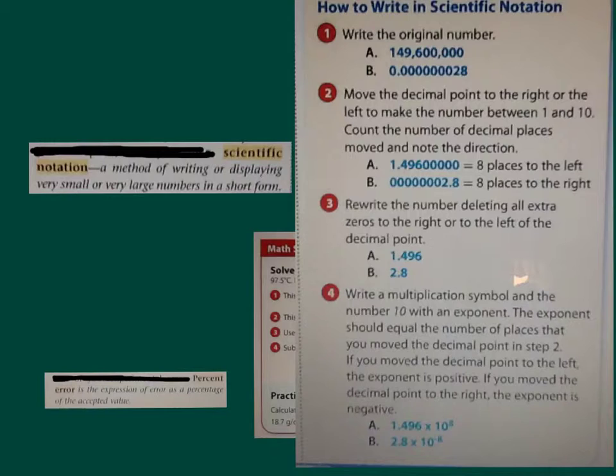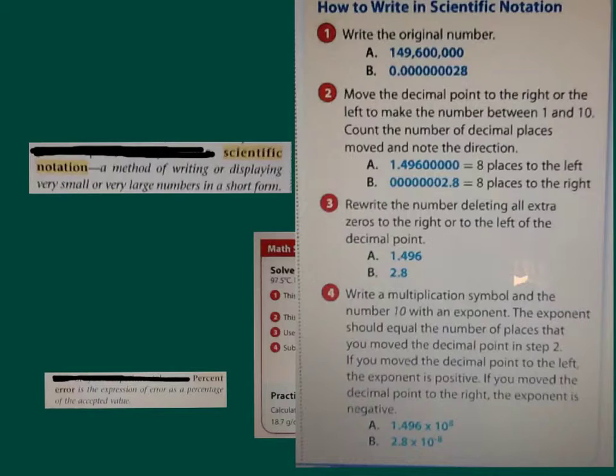Going back to what I was saying, to write these two numbers in scientific notation, use the steps that I'm going to show you. That is going to help you. First, write your original numbers, which is what we did here.